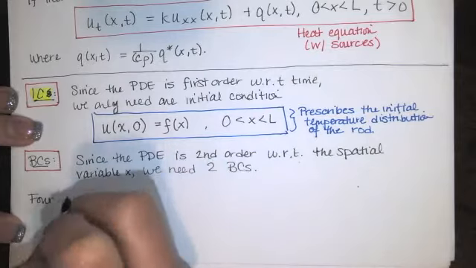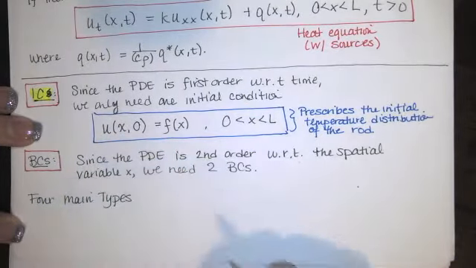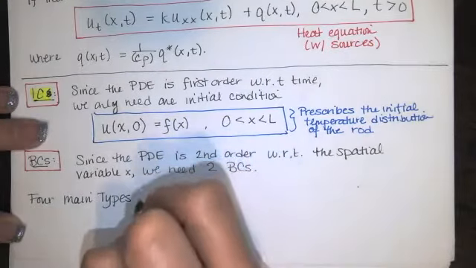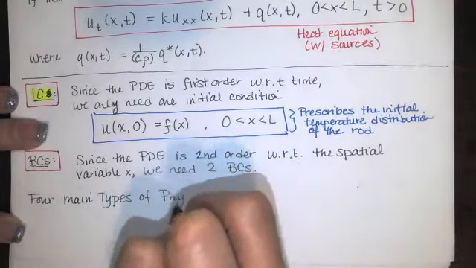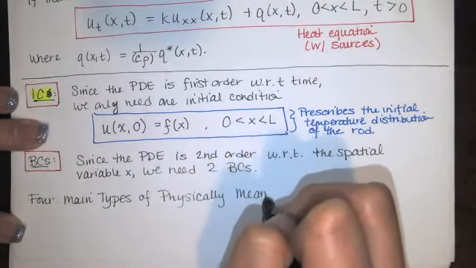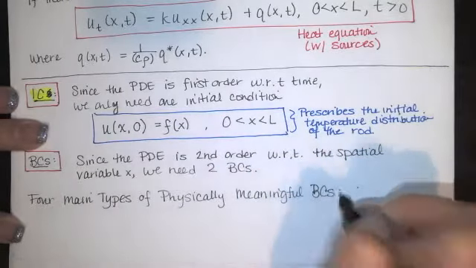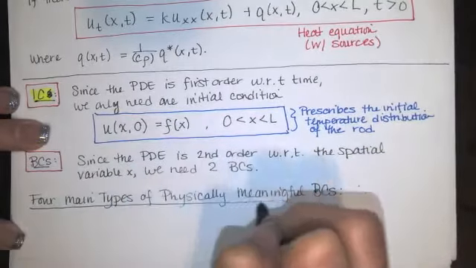There are four main types of physically meaningful boundary conditions, and we'll outline all four of those.